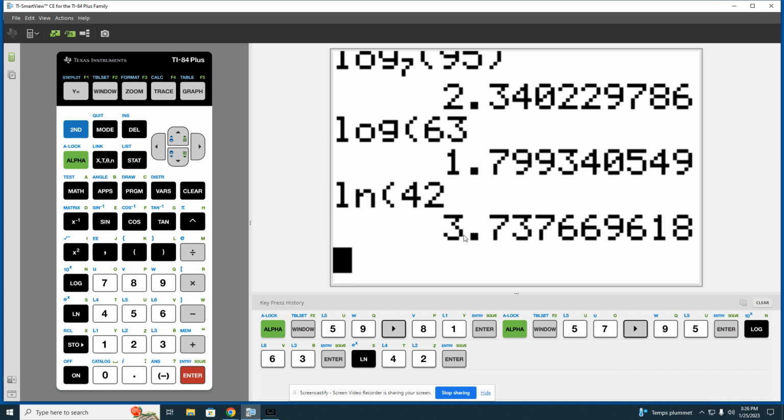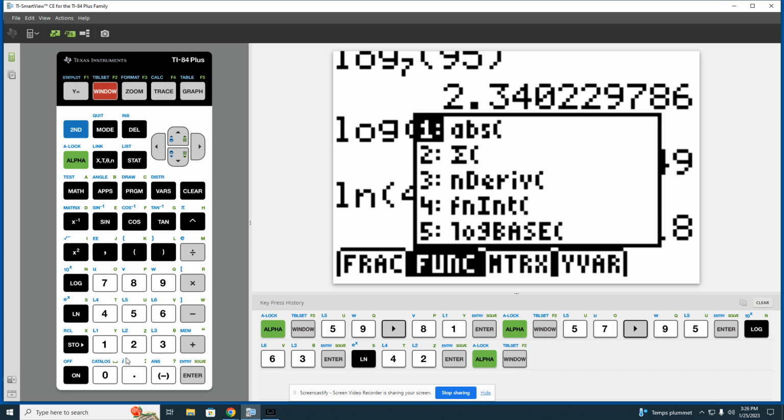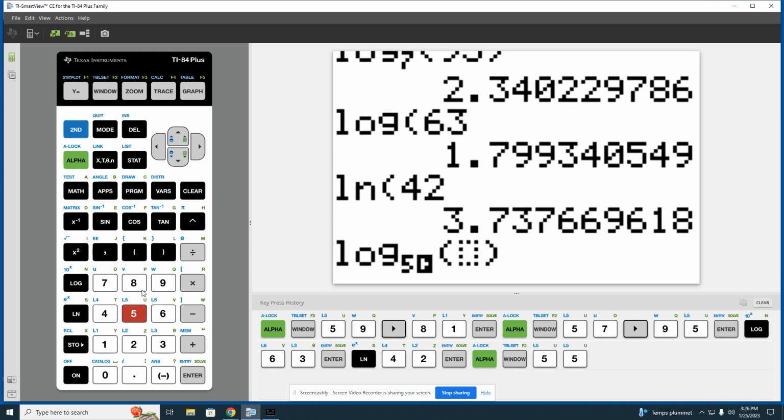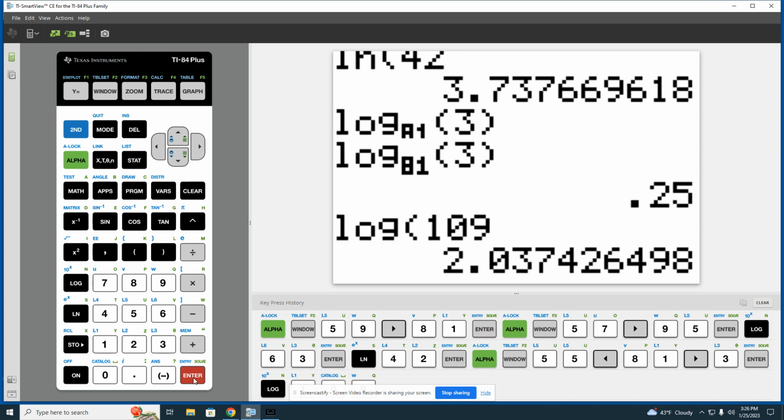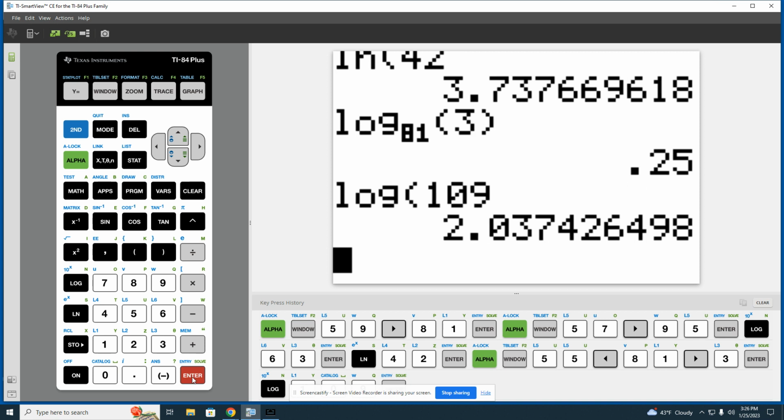Let's keep on going. We got another one where we go alpha window number 5, base 81 of 3, and that gives me 0.25. You could write 0.25, or you could put 1/4 if you wanted to change it to a fraction. The next one is just log, so I'm going to push this button of 109 equals, that's 2.04, because this 7 right here rounds that up to a 4.